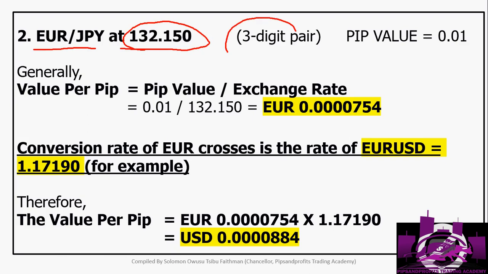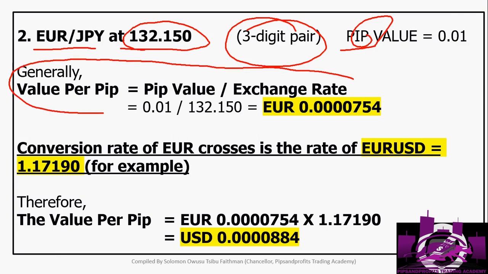We know that Euro JPY has 3 digits. Because it has 3 digits, our Pip value is going to be 0.01. So generally, this is the formula. When you go step by step, you have your Pip value divided by the exchange rate. So 0.01 divided by this, we are going to have something like that.